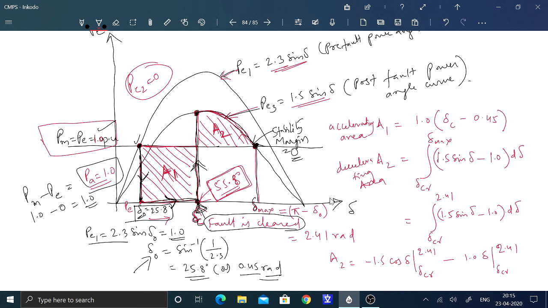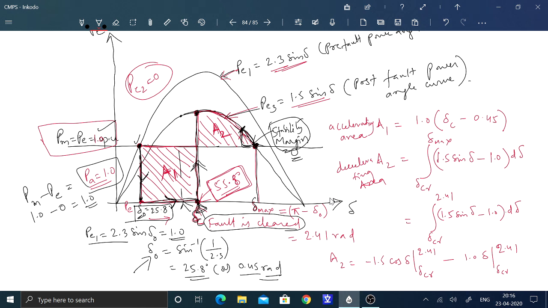If we had opened a little bit before the critical clearing angle, then this would have gone to here and swung to somewhat less than delta max, and we would have had a stability margin buffer.